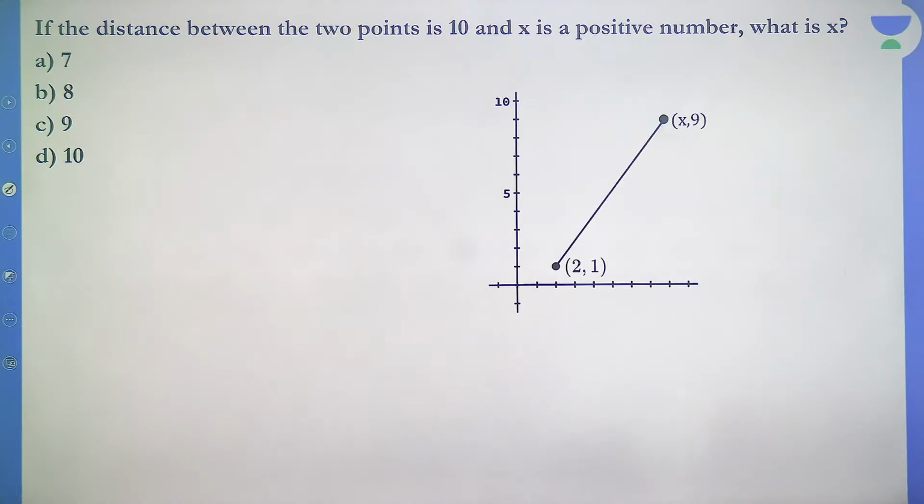Try to do it geometrically first. If you practice geometrically only, you will get confidence in this concept. Even if the distance formula is clear, don't directly apply it first. Try to geometrically interpret the question. That exercise I want all of you to do here.